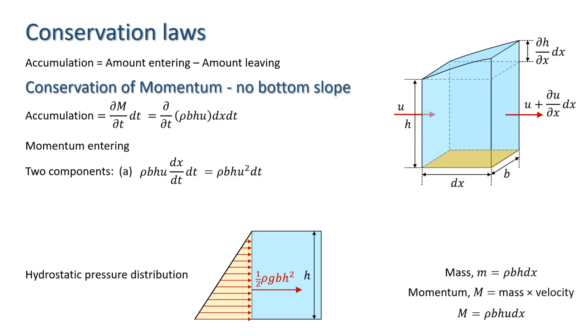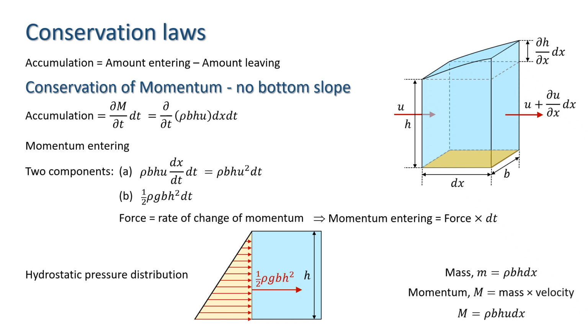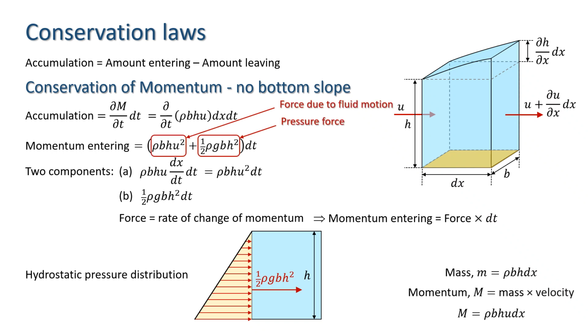We also know from Newton's second law of motion that force equals rate of change of momentum. So the pressure force contribution to the momentum entering the control volume is a half rho g bh squared times dt. Thus, the total momentum entering the control volume is rho bhu squared plus a half rho g bh squared, all times dt.